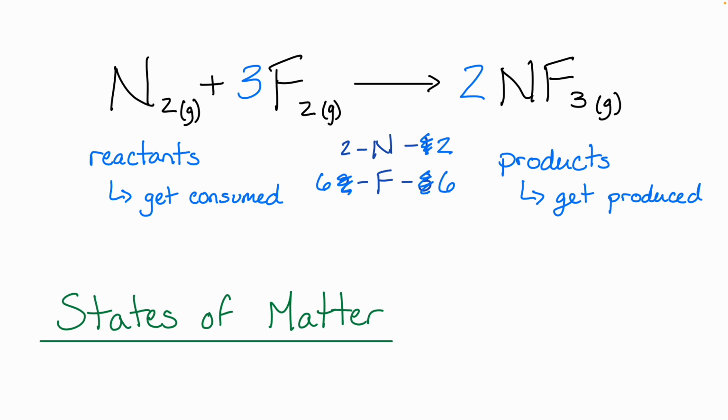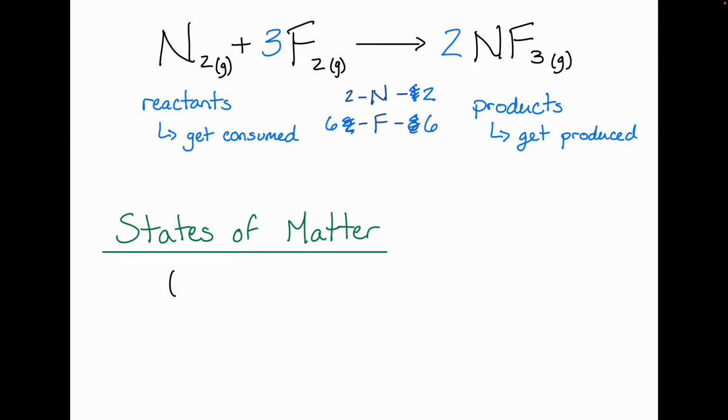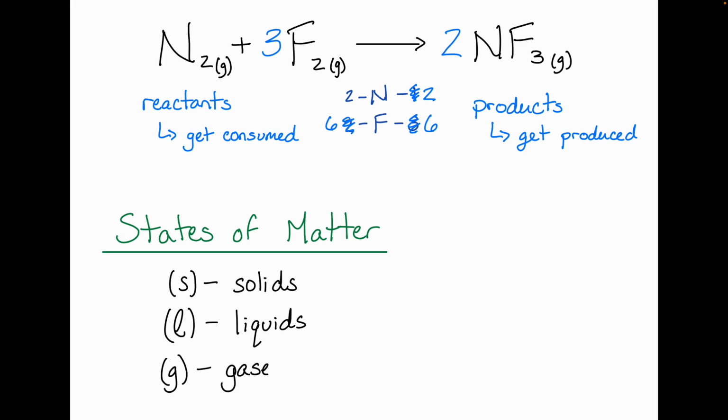They all have this little G next to them. What do we think the G represents? Gases. They're gases. Okay, so by states of matter, I mean we can have an S for solids, an L for liquids, and a G for gases.